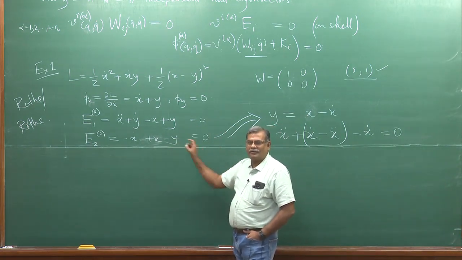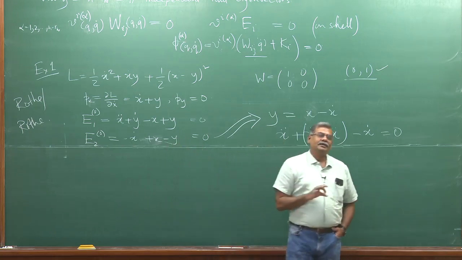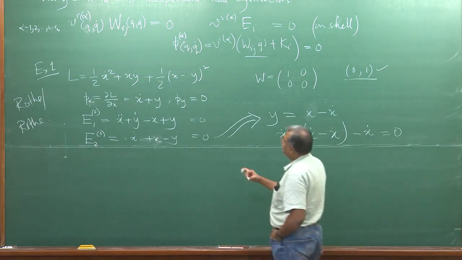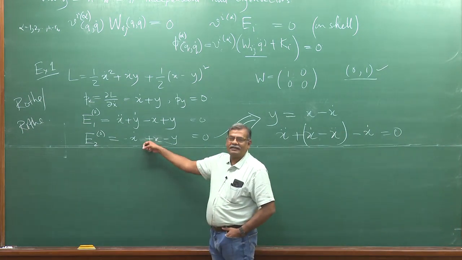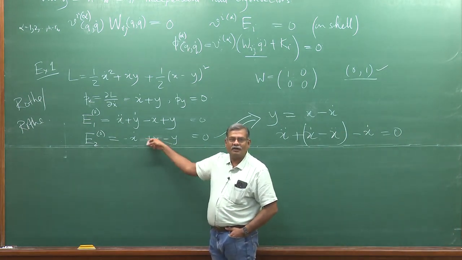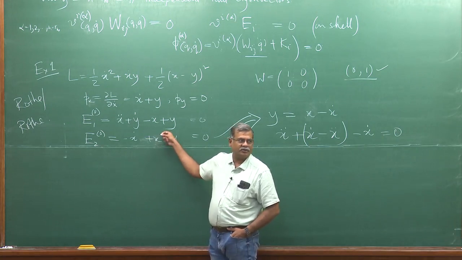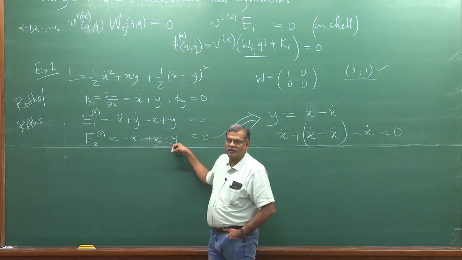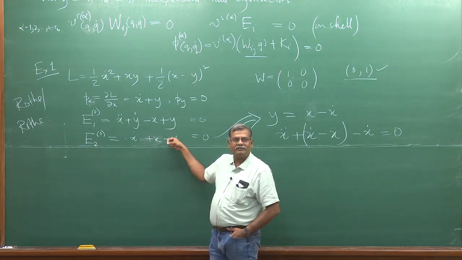Actually, what we have really used is something slightly more sophisticated. The point is, this constraint is valid not only at a particular time, this is valid at all times, right? The equation of motion has to be satisfied at all times, which means not only is this constraint equal to 0, its time derivative also has to be 0, right?